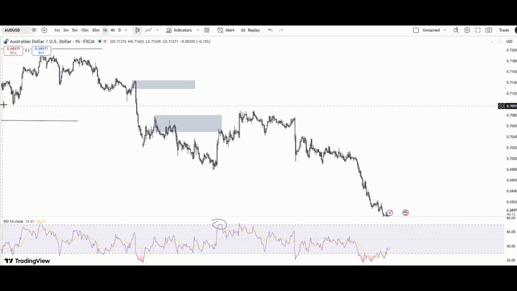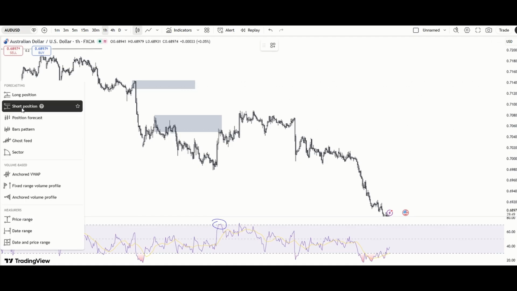So starting off with this example, obviously, there's a supply level right here. Price retraced towards that supply, meaning we are in a downtrend market. We're looking for sells, and the RSI level hit the 70 mark, which is another indication that we can open a short position. But like I said before, we don't know what that means.